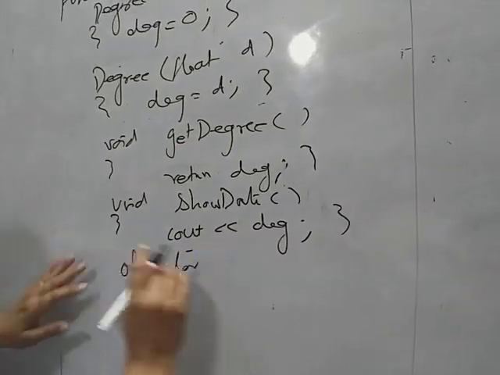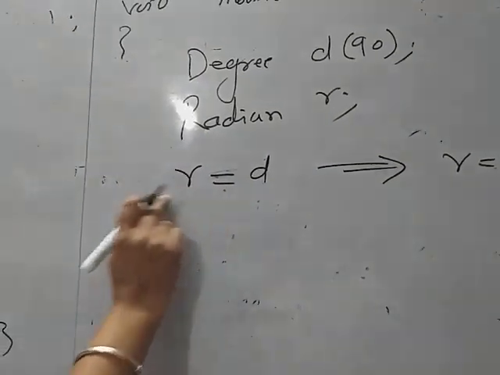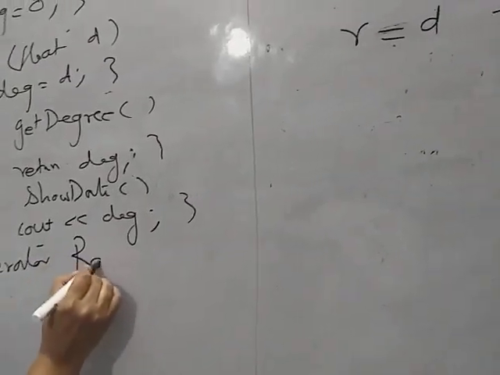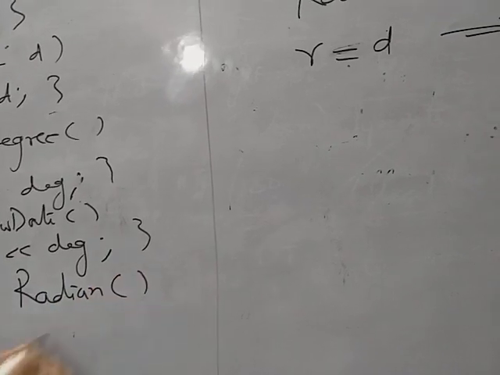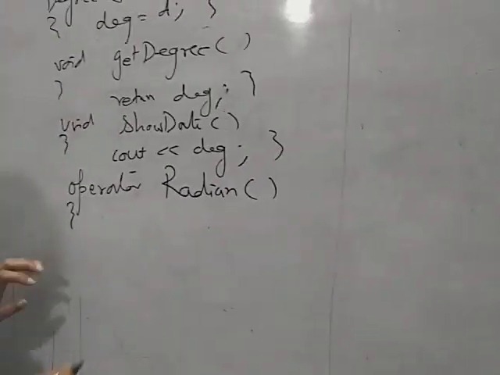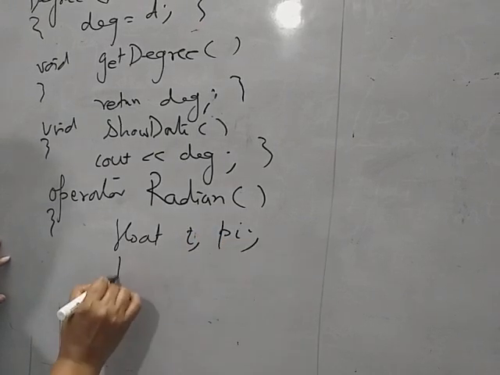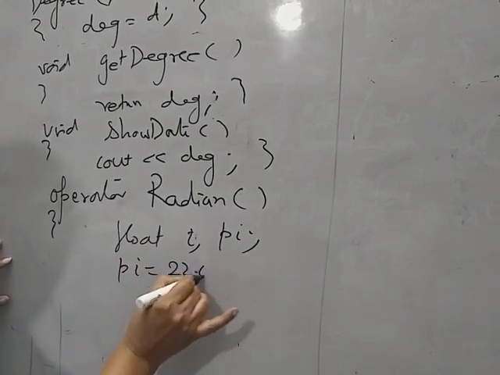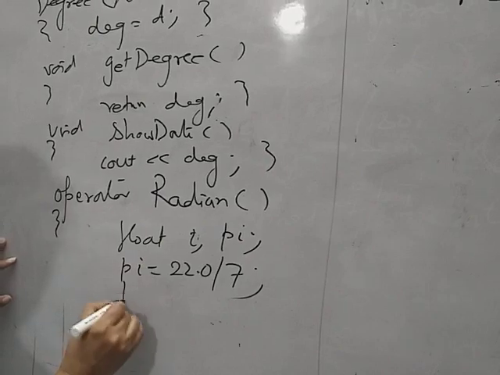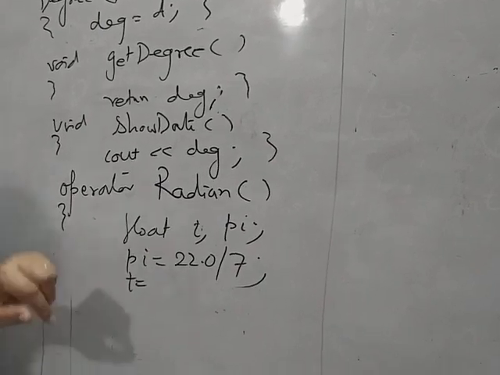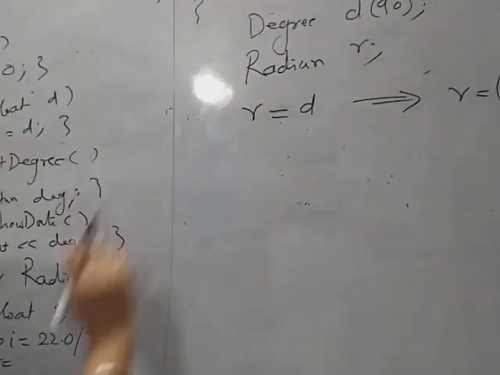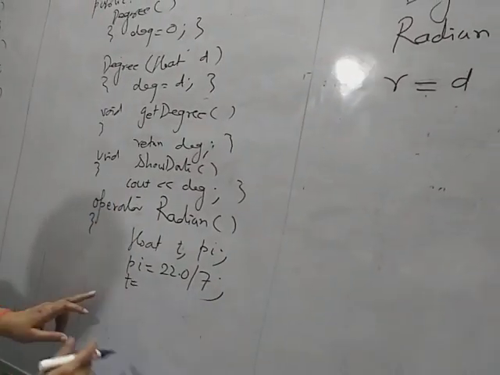As I told earlier, you write the type you want to convert to, which is radian. Simply we take one float variable, say t, and pi equal to 22.0 divided by 7, and t equal to what? Here I want to convert degree into radian.